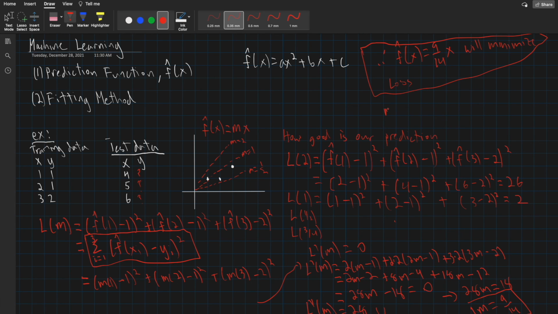And we can say that m equals 9 over 14 is a local min by the second derivative test.